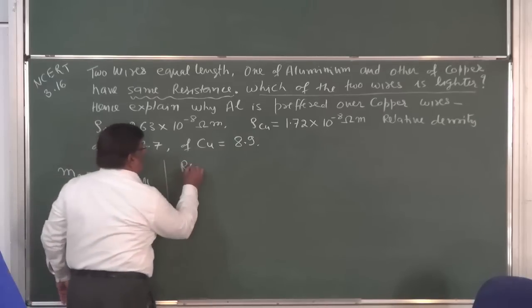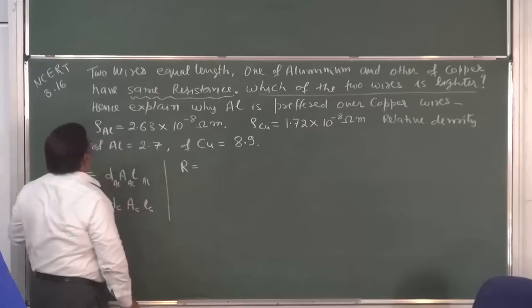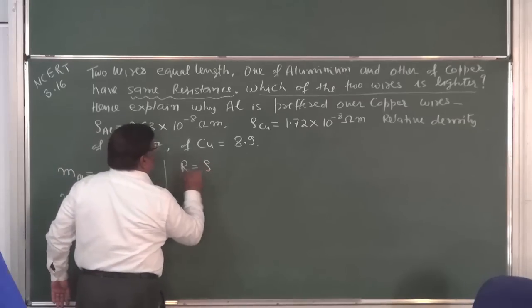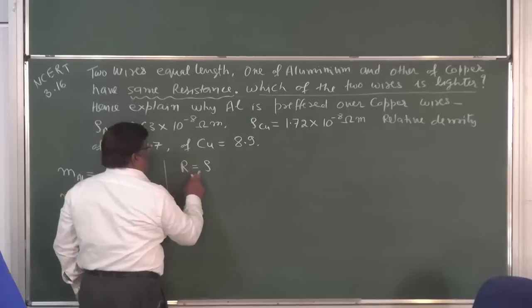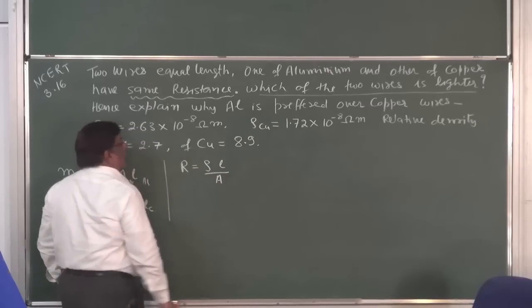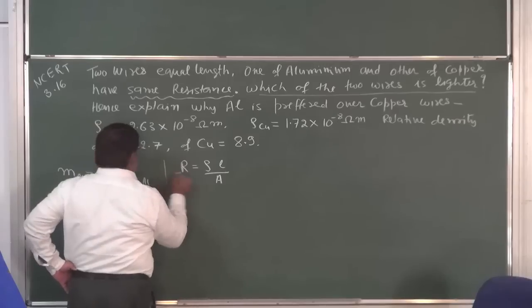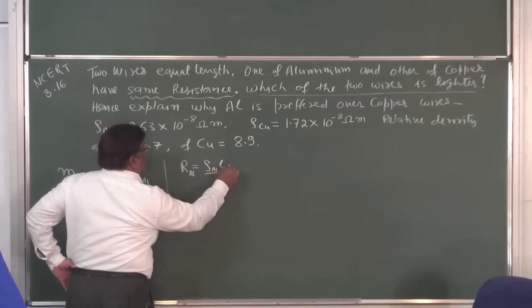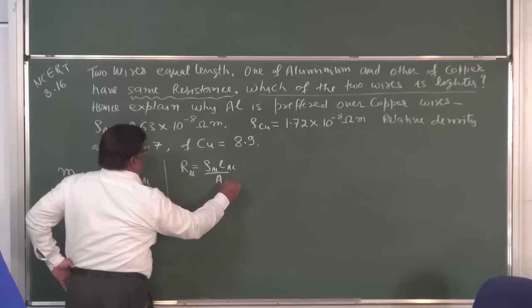What is the formula for resistance? In terms of specific resistance, this is rho. We know R is equal to rho into L upon A. For aluminium, it is rho aluminium, length aluminium, area aluminium.